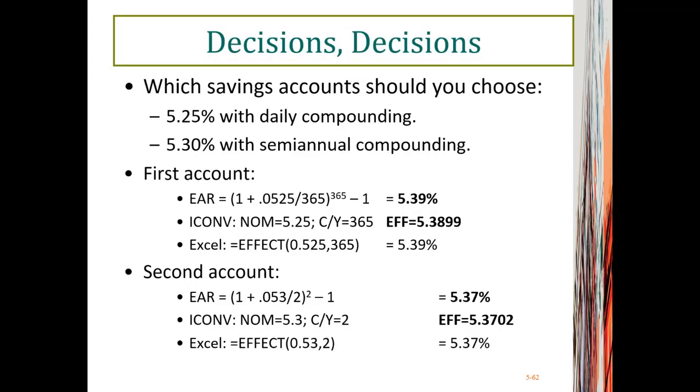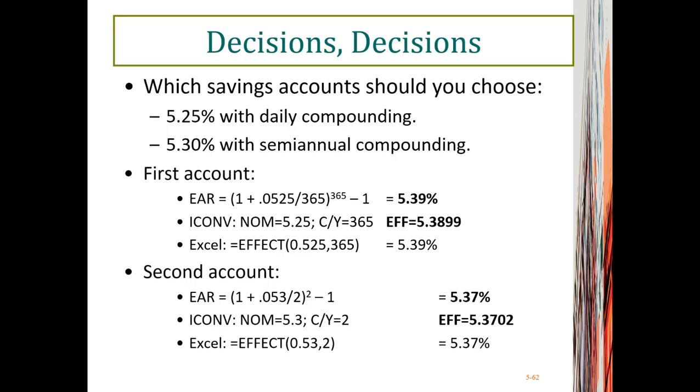Now let's take a look at one example. Which savings account would you choose? 5.25% with daily compounding or 5.3% with semi-annual compounding? Both 5.25% and 5.3% are nominal rates, or APR. So the key here is to calculate the effective annual rate, or EAR.